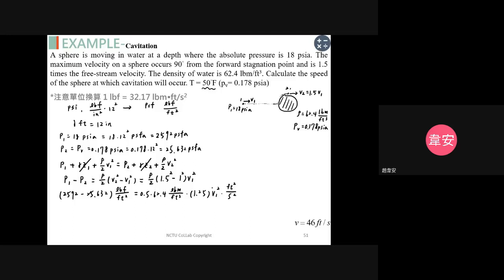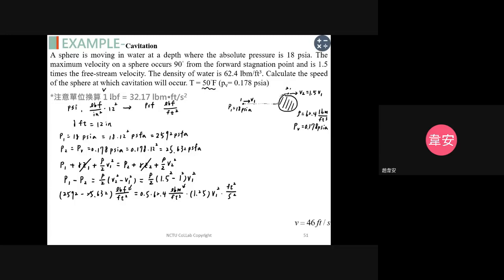So if you take a look, the units are not equal because there is pound force on one side, but pound mass on the other. So we need to convert pound force to pound mass.